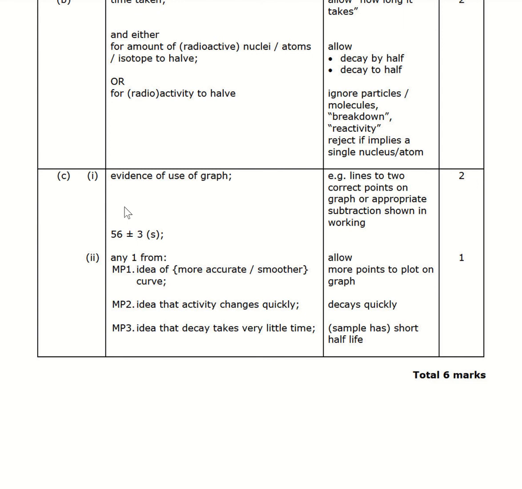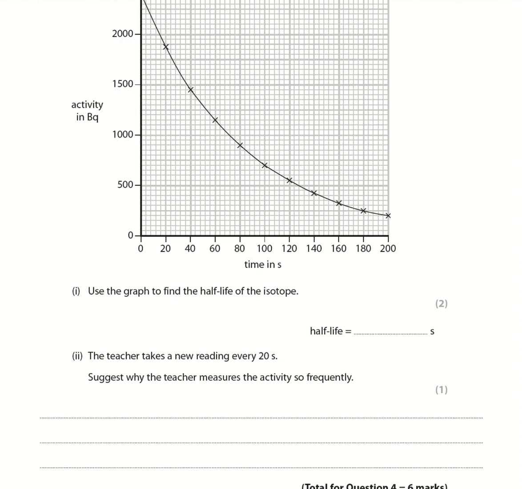The more frequent it is, the smoother it is, or else it would not be smooth. Idea that activity changes quickly. That's also one. Idea that decay takes very little time. That's why she has to do it a lot more frequently.